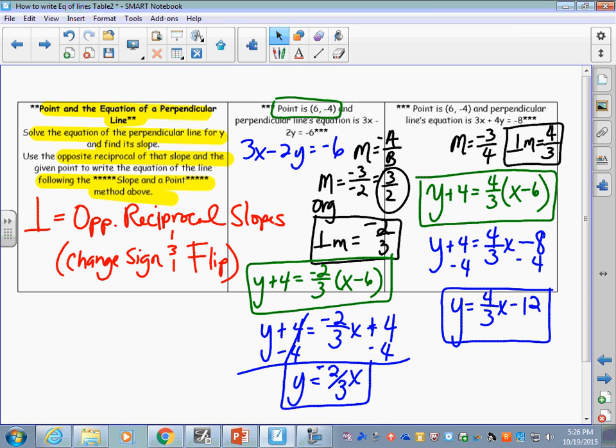Alright, hopefully you went through the steps correctly. Kind of refer back to the video if you need it. But we are going to make sure we can apply the property for parallel slopes and perpendicular slopes, and basically our same steps for writing the equation based on what's given.